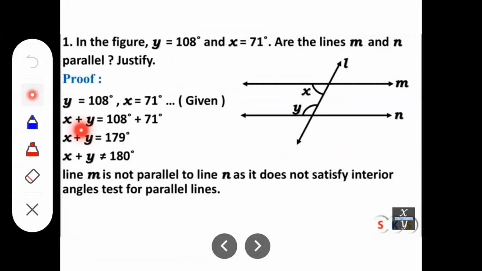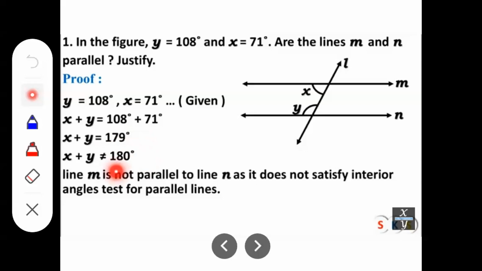Angle X plus angle Y equals 108 degrees plus 71 degrees. The total will be 179 degrees.